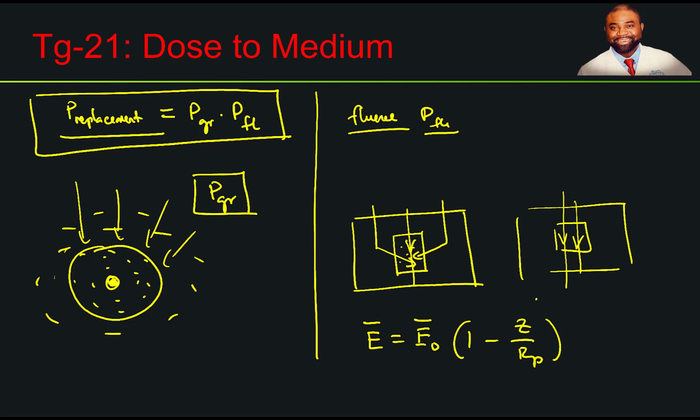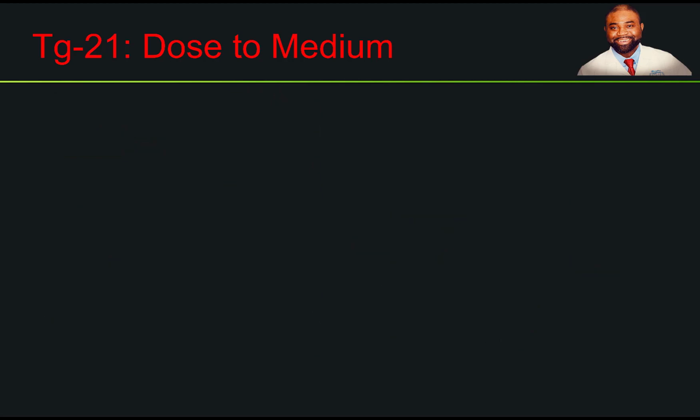Now Z is the depth and RP is the practical range. Now we're going to talk about this a little bit more in our next lecture.